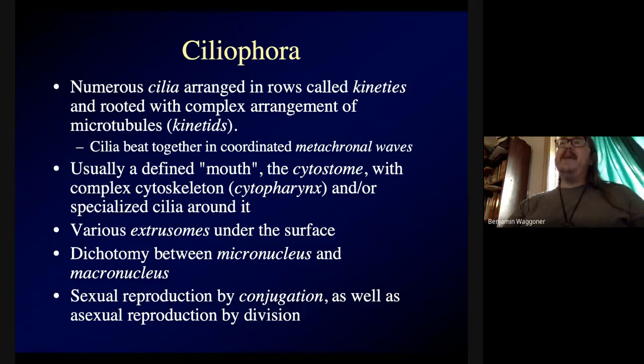You've seen metachronal waves if you've ever seen those electric signs that have lights flashing on and off so that it looks like there's maybe a wave of light going around. But of course, nothing is really moving. What's happening is the lights are flashing on and off. Or better yet, a great example of a metachronal wave is the people doing the wave at like a football game. Right? People aren't really moving.